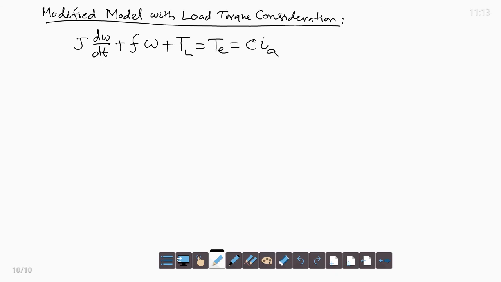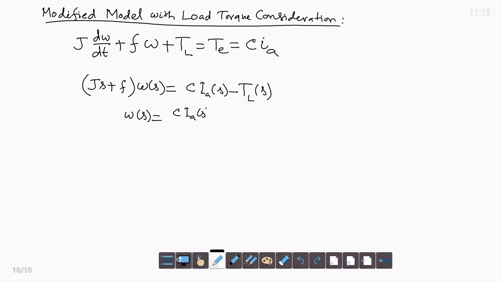Accordingly, (Js plus F) into omega(s) equals C times Ia(s) minus TL(s). So omega(s) is obtained as the electromagnetic torque C into Ia(s) developed, minus load torque, divided by Js plus F. In the model of the DC motor which we derived earlier, we have here a comparator: the input is the applied armature voltage Va(s), and the back EMF of the motor is subtracted from it.